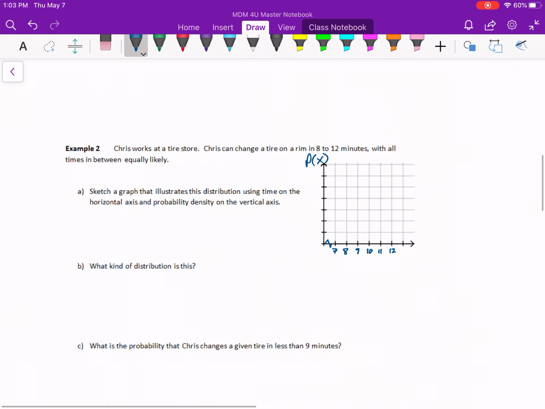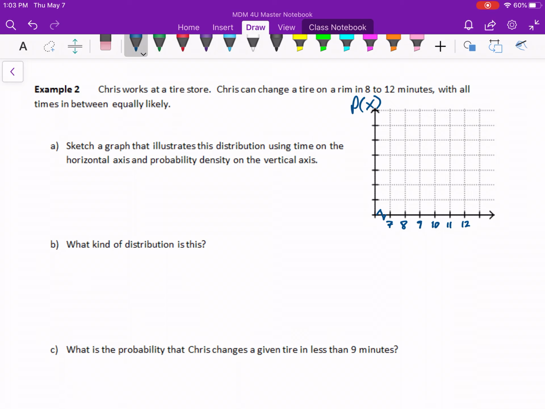Example 2. Chris works at a tire store. He can change a tire on a rim in 8 to 12 minutes. So the quickest he can do it is 8 minutes. The longest it takes him is 12 minutes. You know, there's obviously various variables involved, like how easily the tire comes off. All right, so with all times in between equally likely.